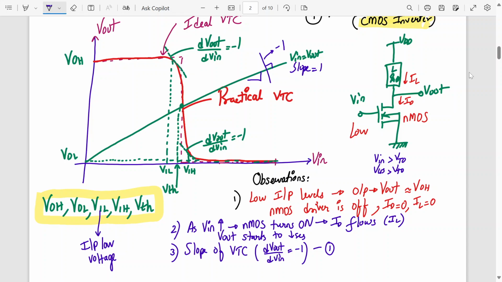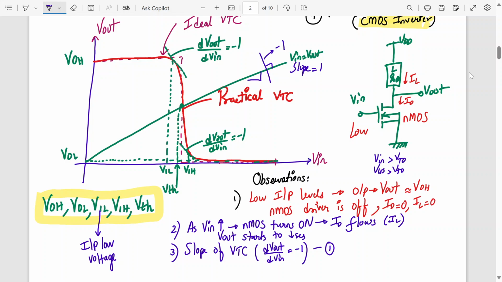The smaller of the two input voltages which follow this is called VIL, and the larger input value which satisfies dVout by dVin equal to -1. It will be only at one point only, right? At one point only the slope will become -1. So there are 2 points where it happens over here.